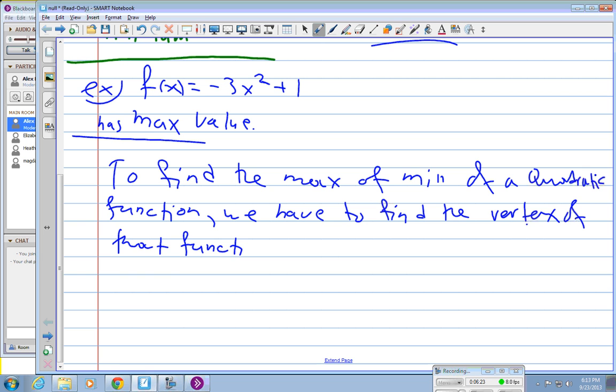So that's what we're going to spend on this first half of the class, is the ways to find the vertex of a parabola. Okay?